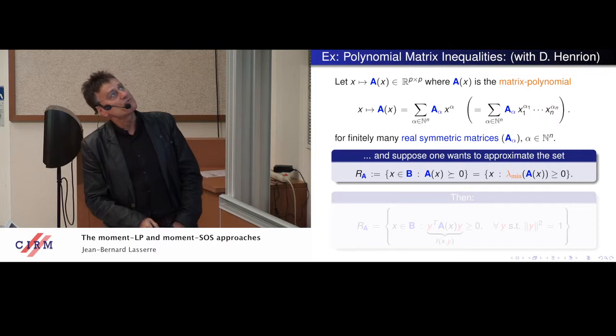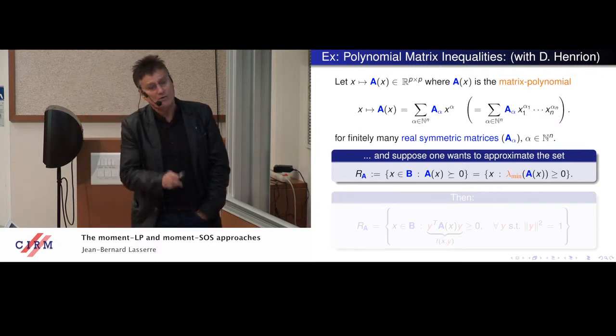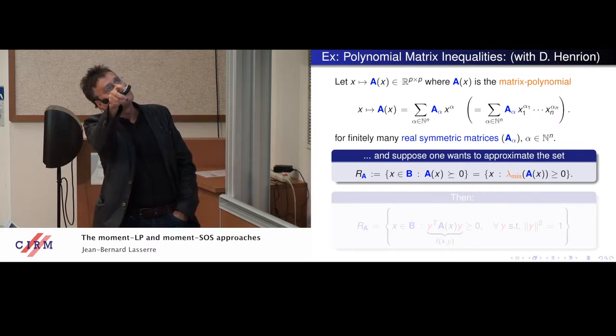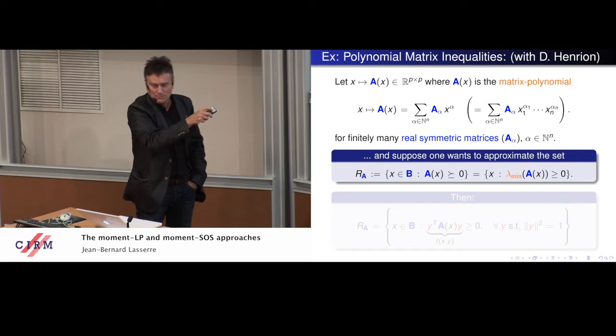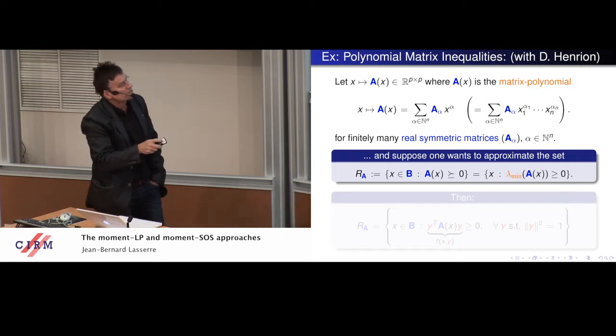For example, suppose you have a nonlinear matrix inequality. Your set R_A is a set of x in a box such that this polynomial matrix inequality, which is nonlinear, holds. So A of x is a matrix, right? Each A alpha is a real symmetric matrix. You take a polynomial combination of the A alpha, and you would like to look at the set of x for which this polynomial matrix is positive semi-definite.